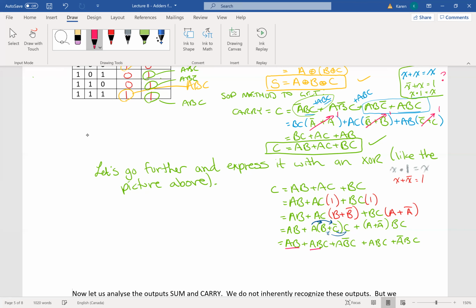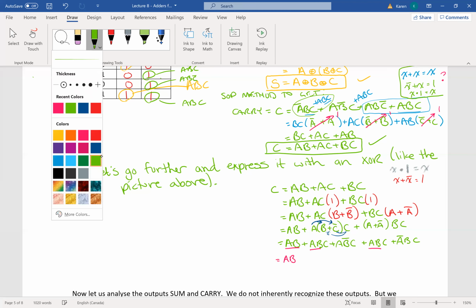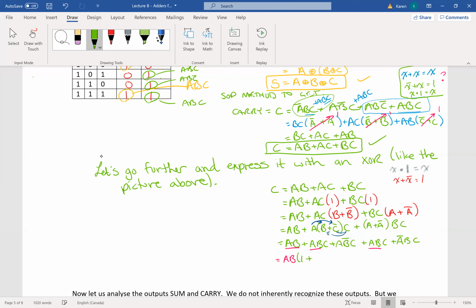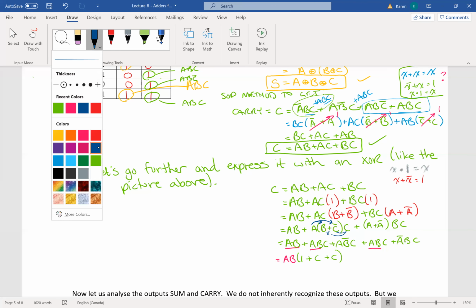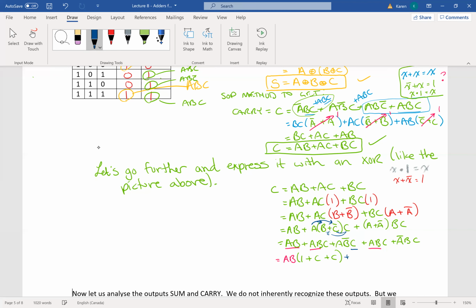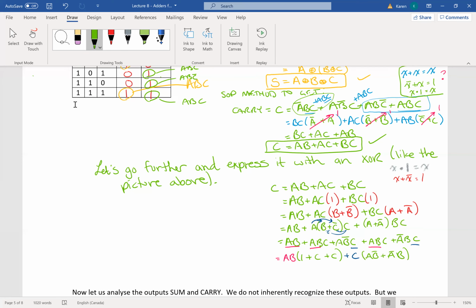Here's an AB, an AB, and an AB. So let's factor out AB. If I factor out AB from those, I'll get 1 plus C, or C. And some other terms to factor out. I have a C here and a C here, so I'm going to factor out a C, which is going to give me AB prime plus A prime B. Ooh, I see a pattern there.